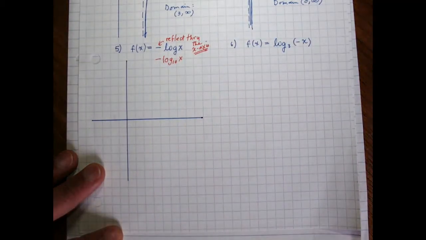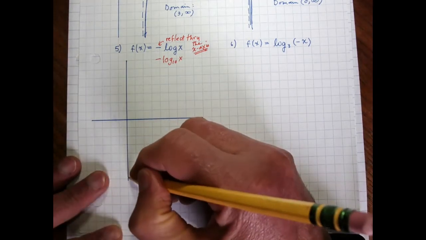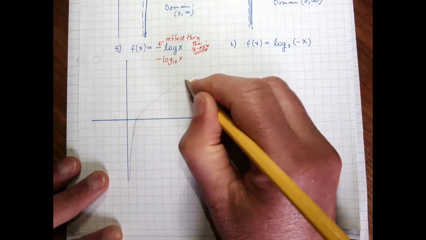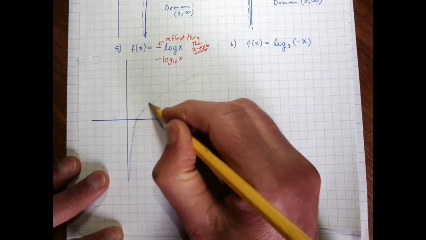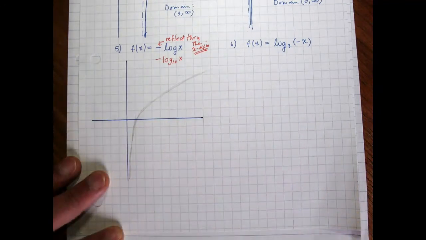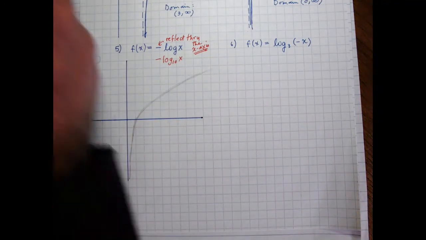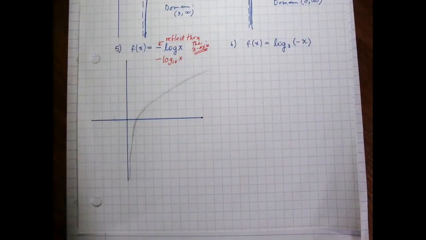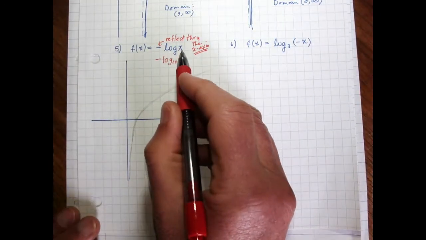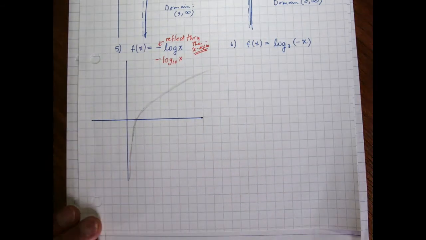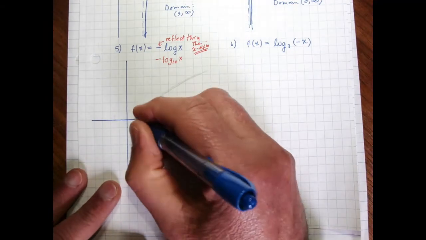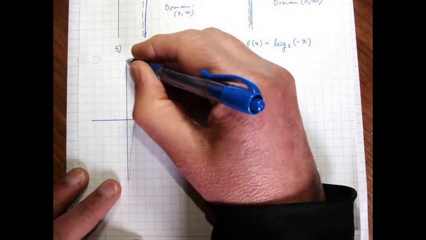And so what I might do here is, in pencil, lightly sketch our original log graph. That's not my answer, but say it could be log x before the minus sign. Then when we reflect through the x-axis, the x-intercept will stay in the same spot.